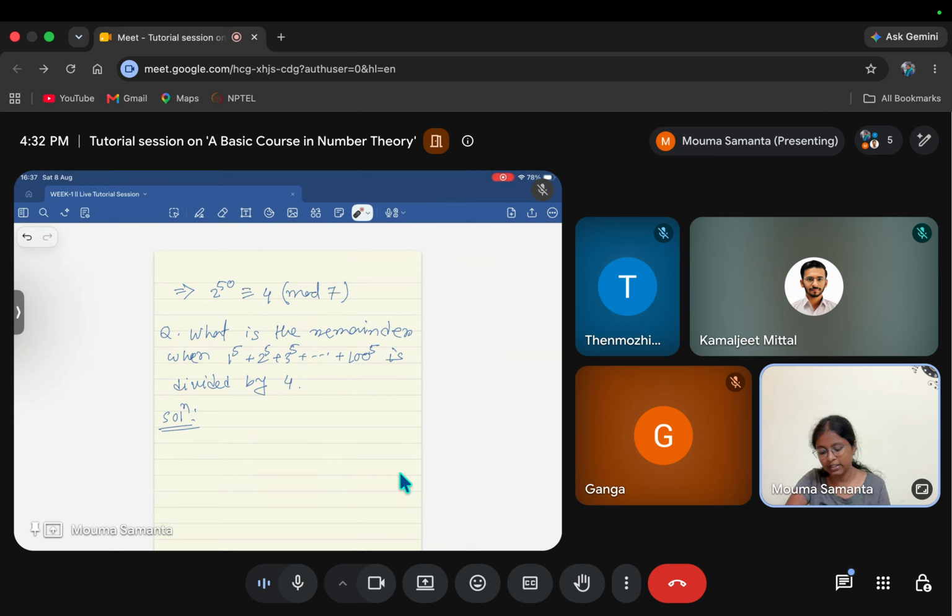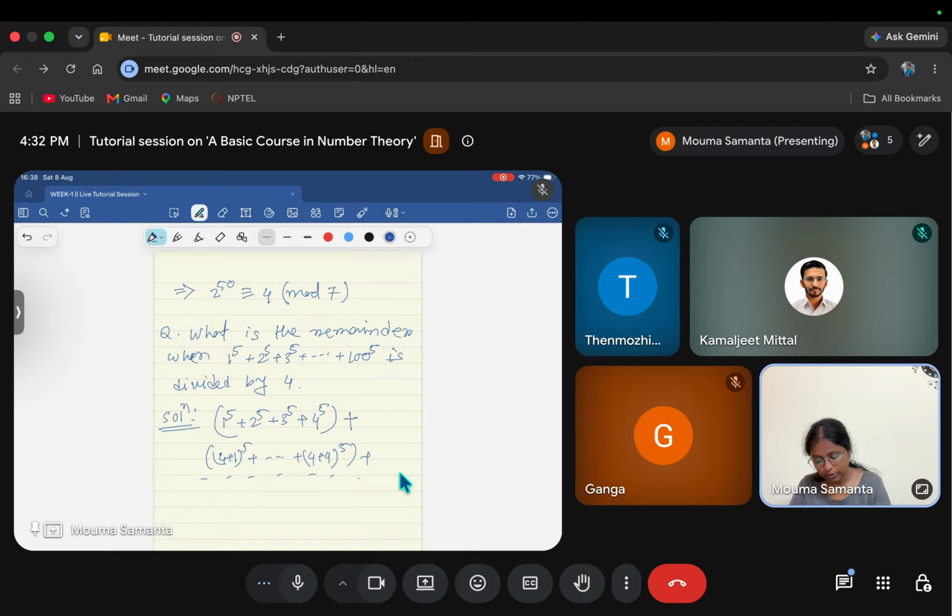So let's clump this: 1 power 5 plus 2 power 5 up to 100 power 5. This is the addition of 100 elements of the form a power 5. We can write it as 1 power 5 plus 2 power 5 plus 3 power 5 plus 4 power 5, plus 4 plus 1 power 5 up to 4 plus 4 power 5.